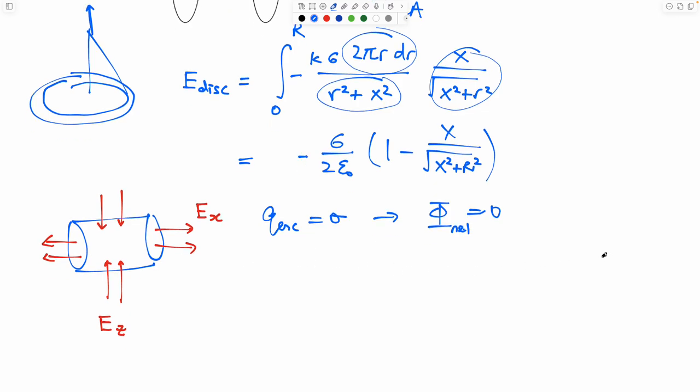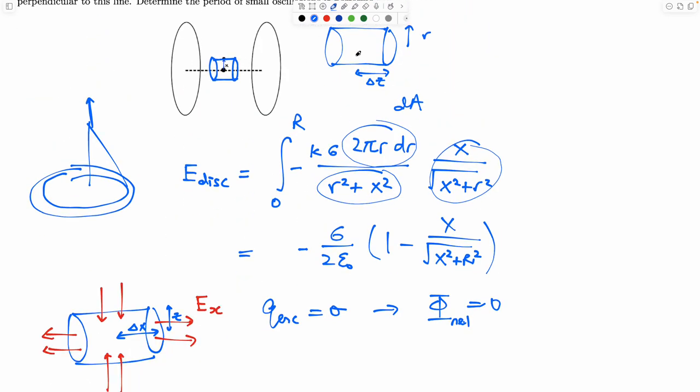The flux through the faces, so this is delta Z, this is R. Wait, sorry, this is delta X, this is Z. Okay, so I won't use this one.